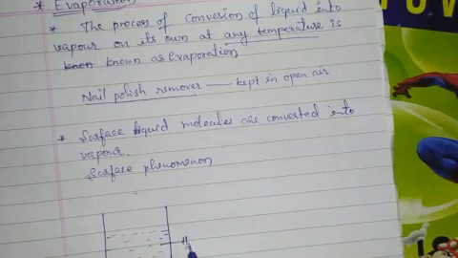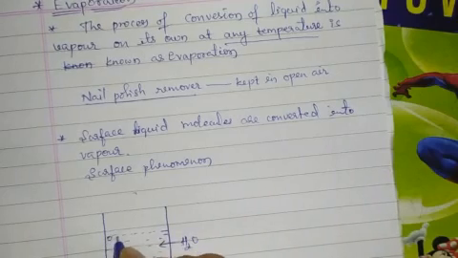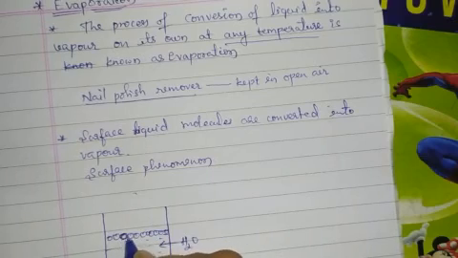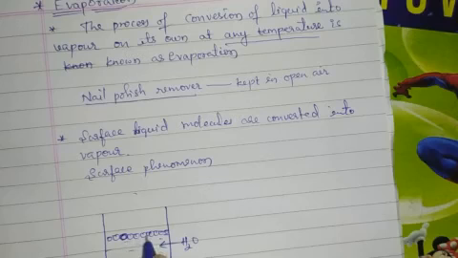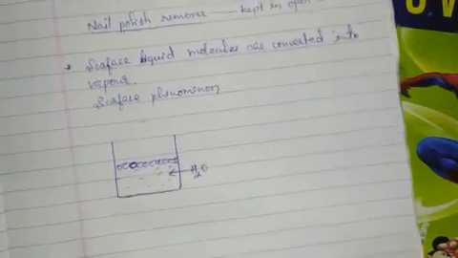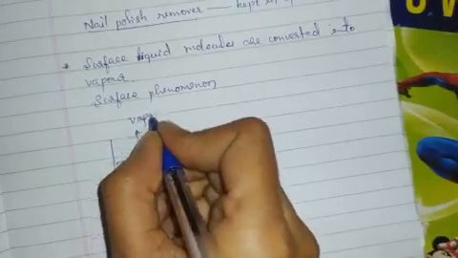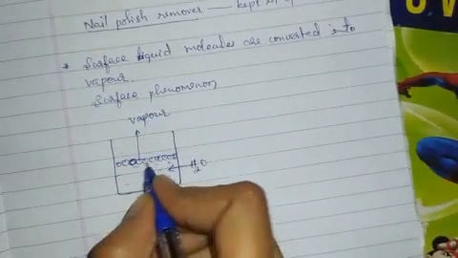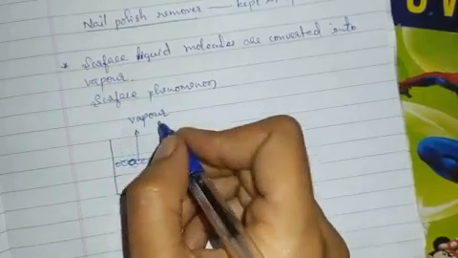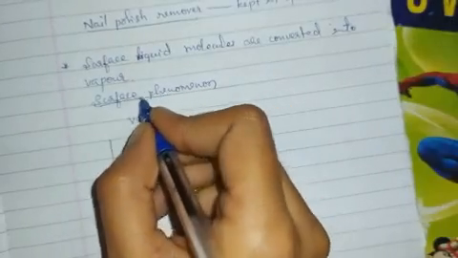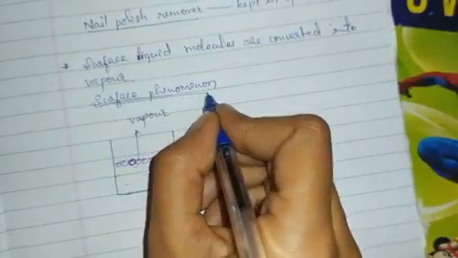The water molecules present on the surface of the water are converted into vapor. Only surface molecules are converting into vapor. Therefore evaporation is a surface phenomenon.